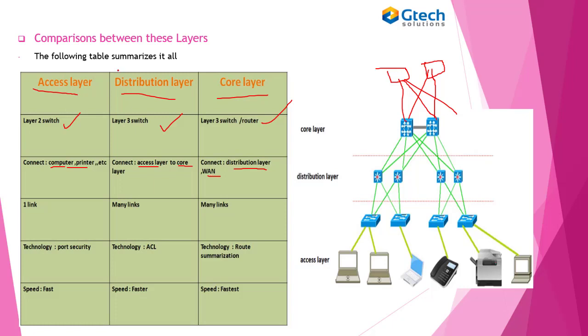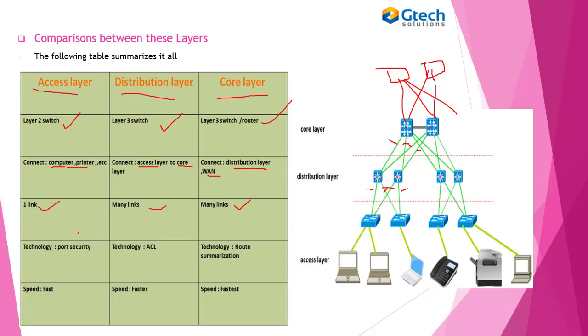Then how many links are used at the access layer? It's only one link. You take your computer, connect to a switch, it's only one cable. But at the distribution layer, as you can see, redundant links, as well as the core layer, as you can see, so many links.